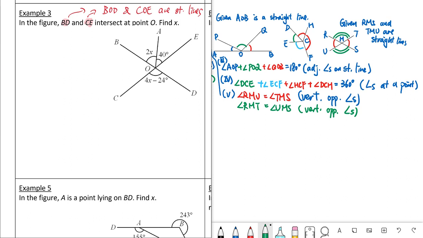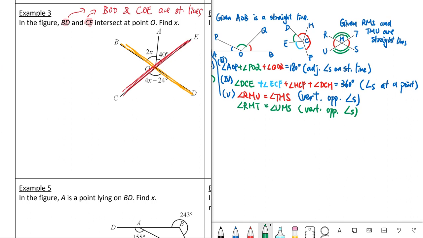Therefore, the thing that you need to know is that BOD and COE are straight lines. Therefore, maybe I try to mark it over here. That is, BOD is a straight line, and then COE is another straight line.